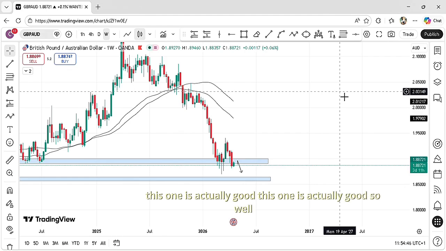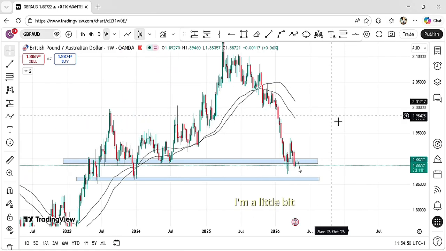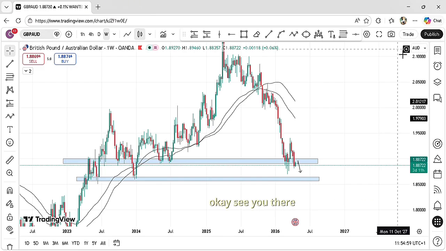Well, I won't lie, I do not really like what I'm seeing here, and I'll tell you why. Okay, see it here. This is a break and retest. So I'm waiting for it. Once a break and retest happens here, then I'll be comfortable in selling. But for now, I'm not comfortable. But I'm looking to sell it down here.